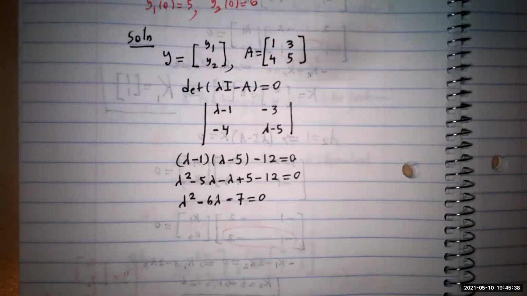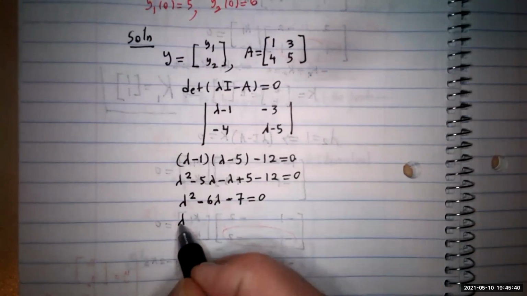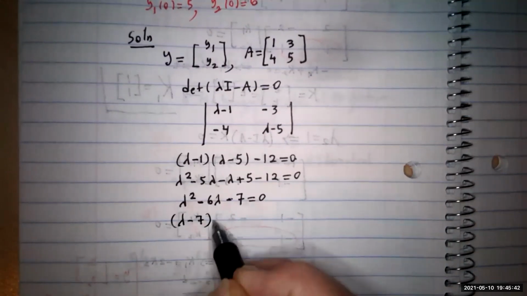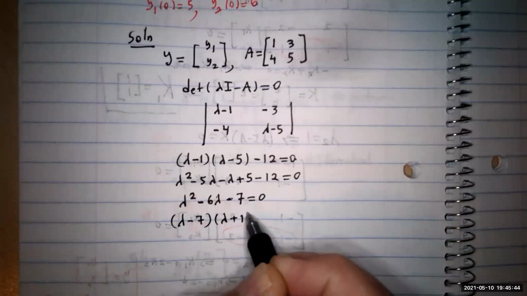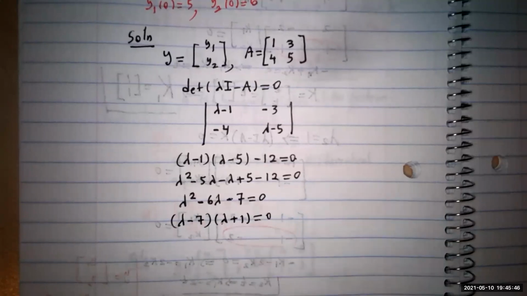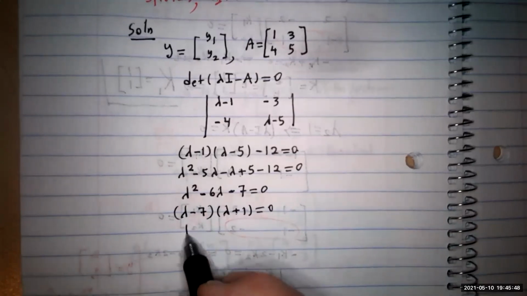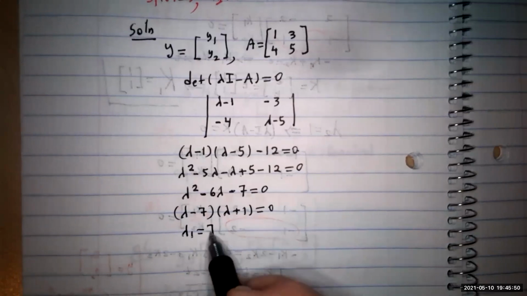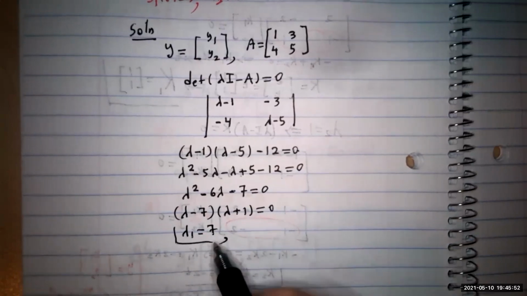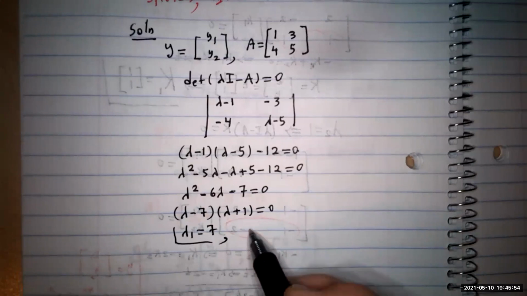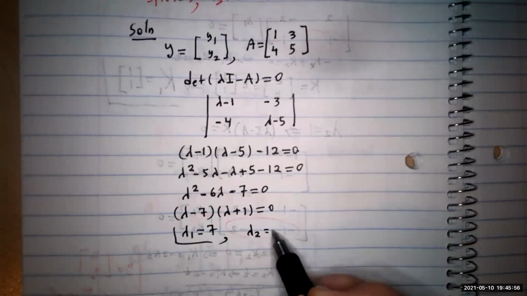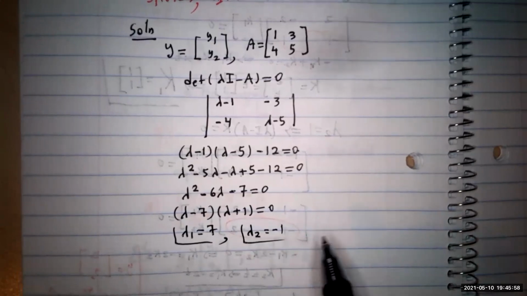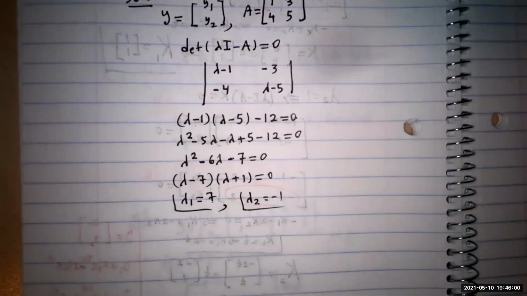So take care of this one. This is going to be lambda minus 7 times lambda plus 1 equal to 0. So we have two solutions. Lambda 1 equal to 7 is going to be the first solution, and lambda 2 equal to negative 1 is going to be the second solution.